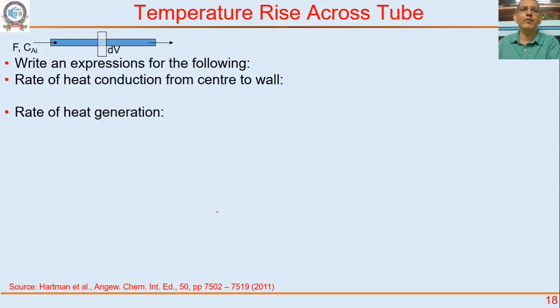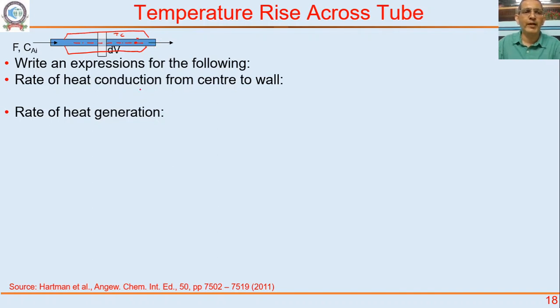Another thing that we need to think about for a plug flow reactor is what is the temperature rise across the reactor. So if I say Tc is the coolant temperature here, what is the temperature at the center line of the tube as compared to the wall of the tube?